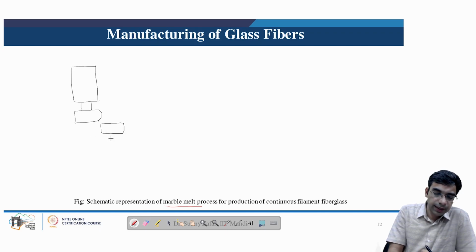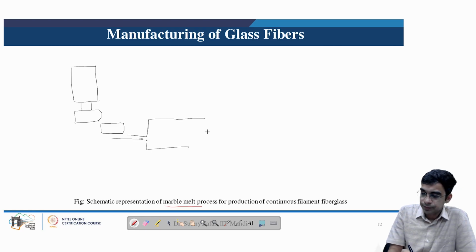And after blending, the constituents are brought into the furnace. This is basically the furnace where the melting will take place. Some refining is also needed, so melting and refining happen together.